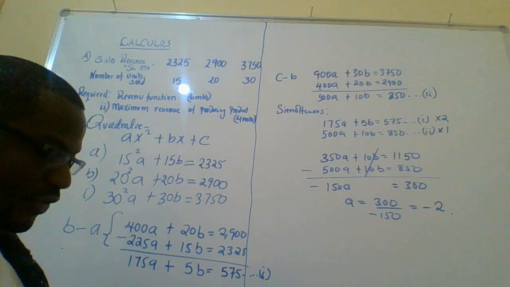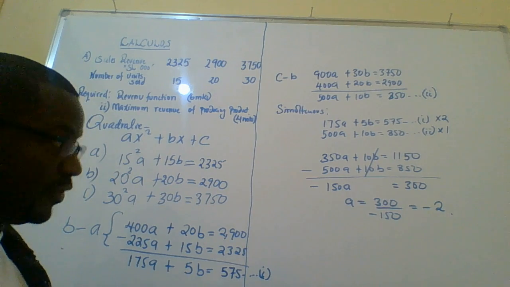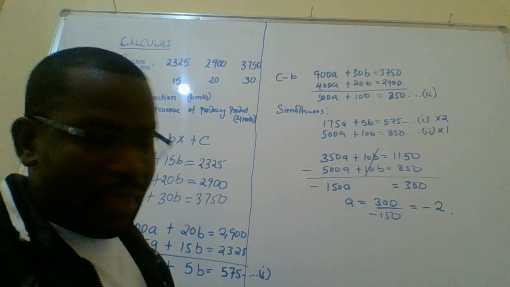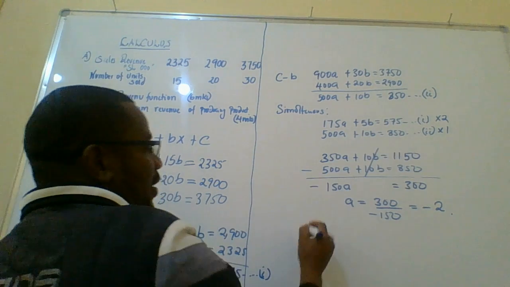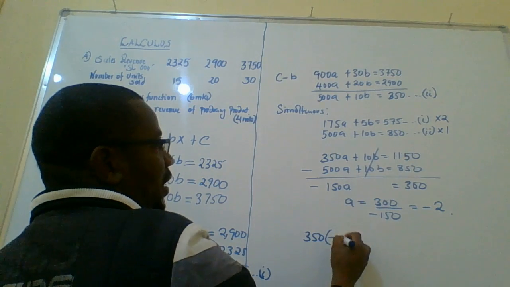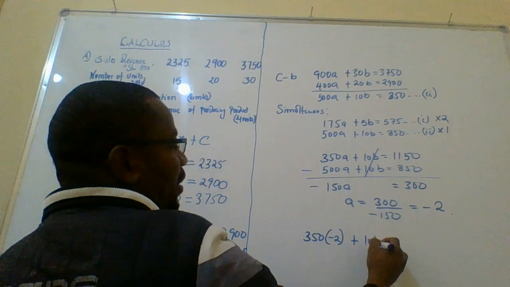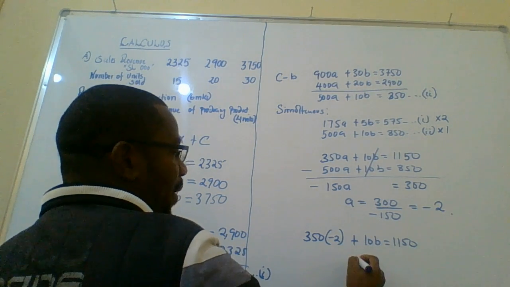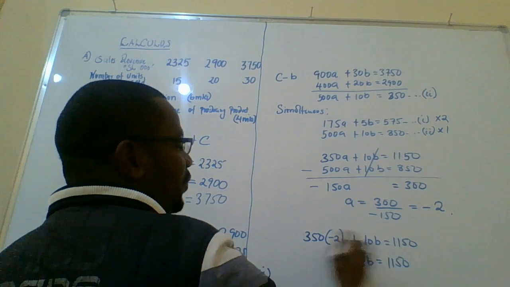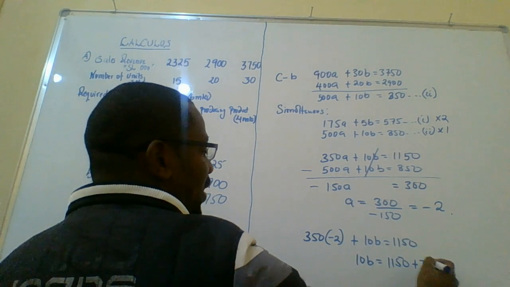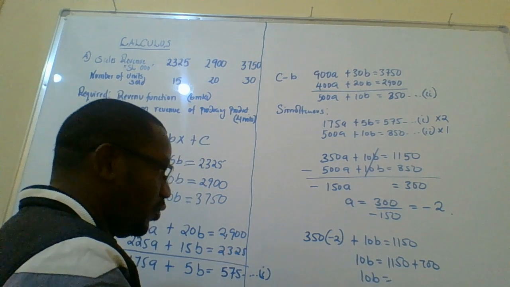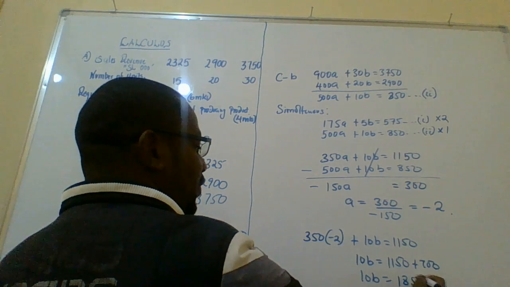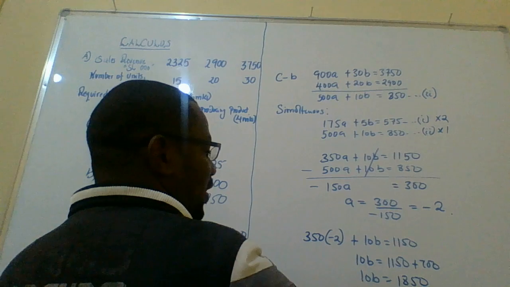If you substitute here, 350 times negative 2 plus 10B is equal to 1150. This is negative 700. So 10B is equal to 1150 plus 700, which is 1850. Therefore, B is 185.